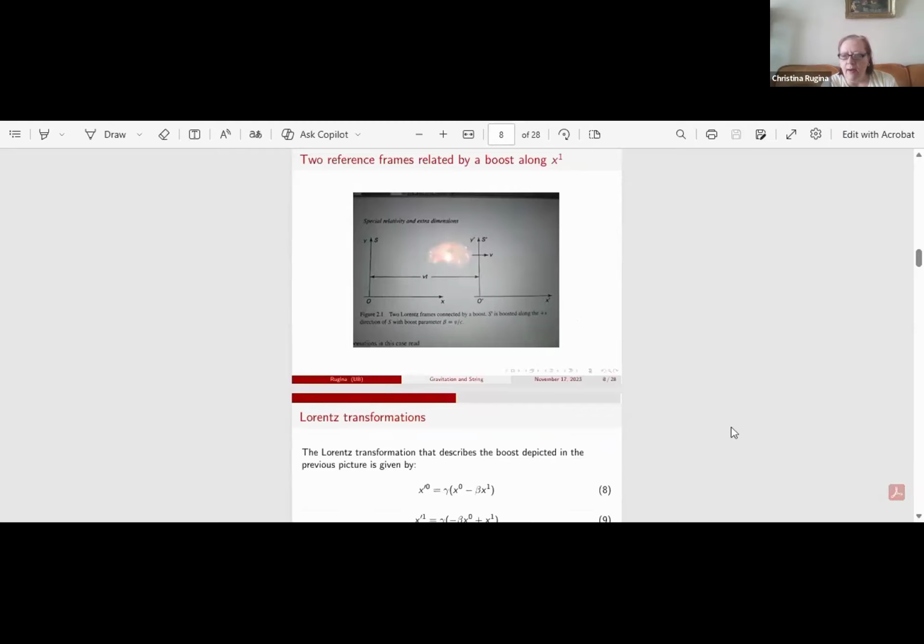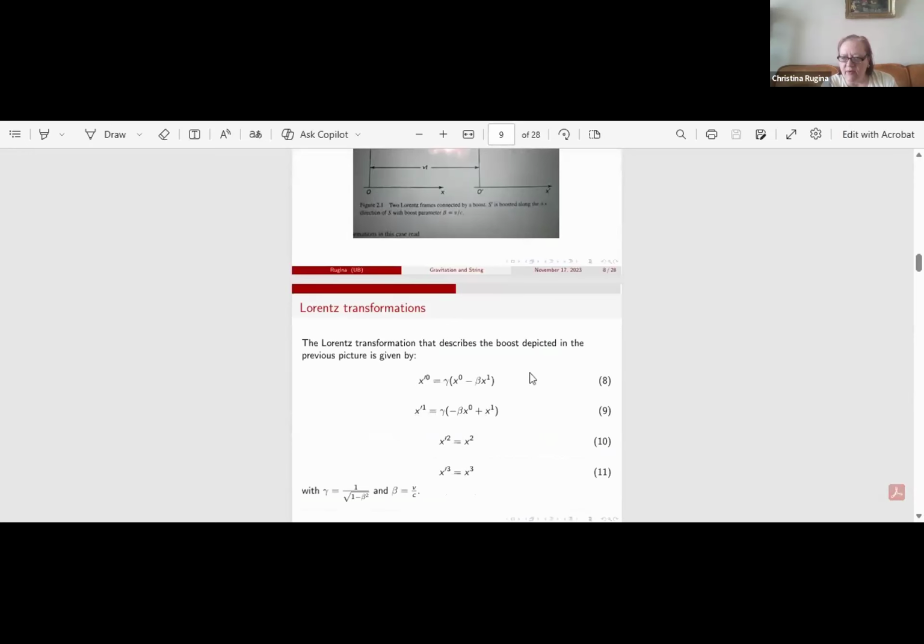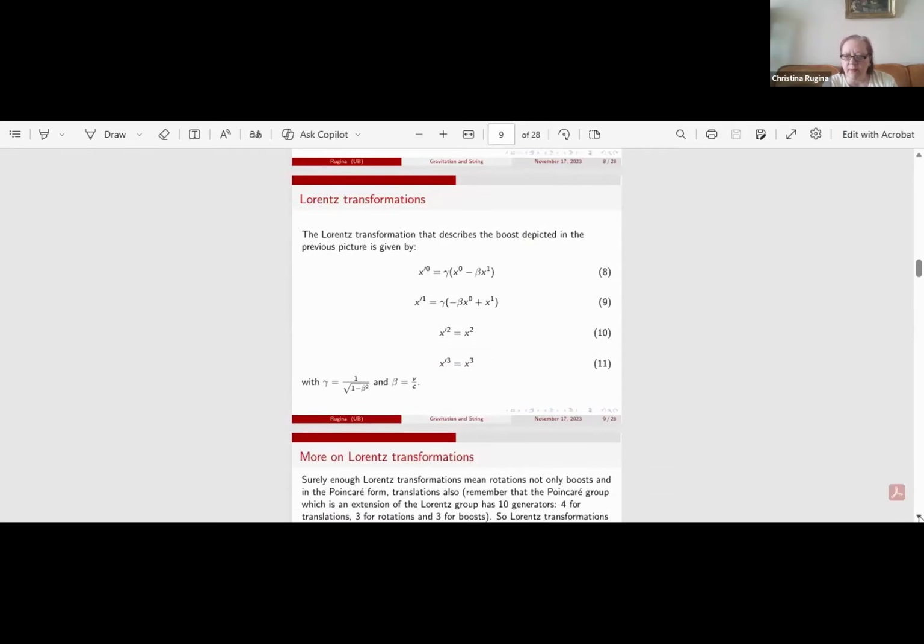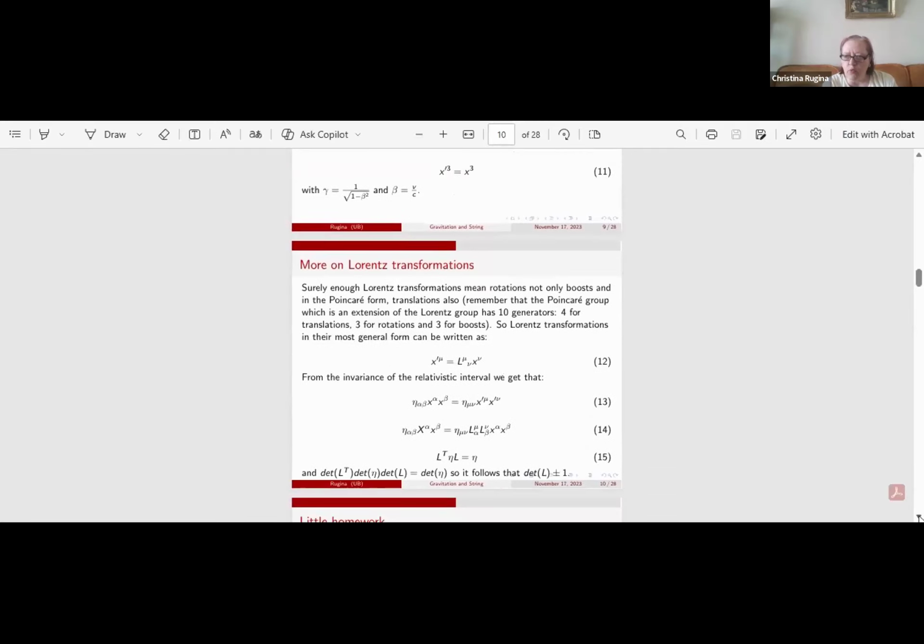Then the Lorentz transformations for that are given by these relations here. I think Adrian showed you these things last time in the discussion section. So it's just for you to take a quick look at these things and remind yourself about Lorentz transformations.